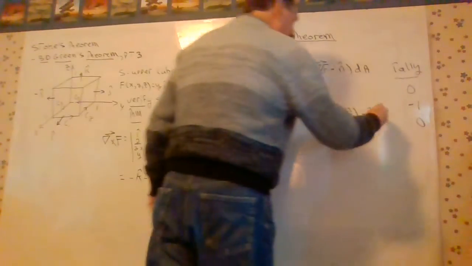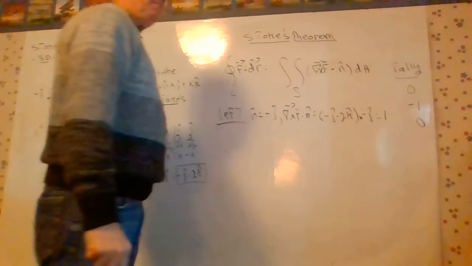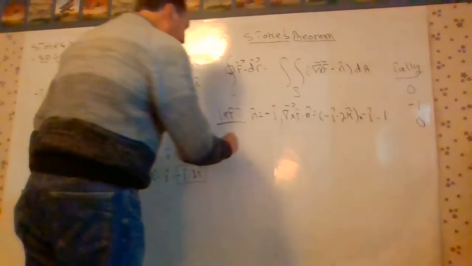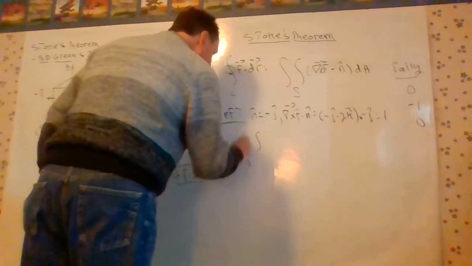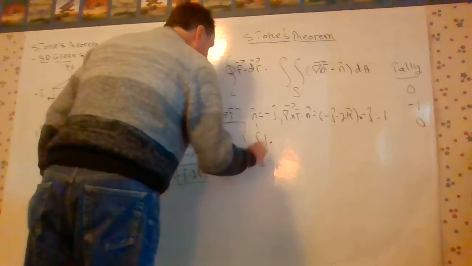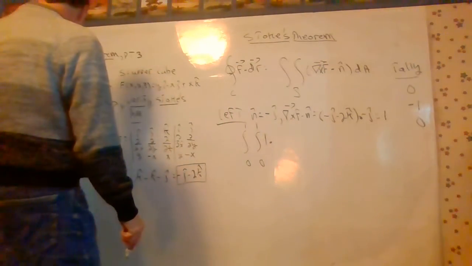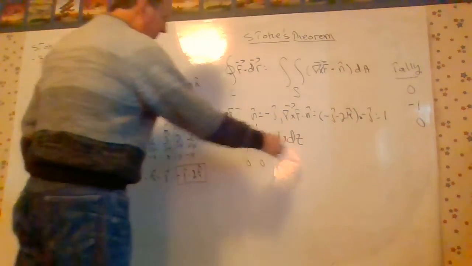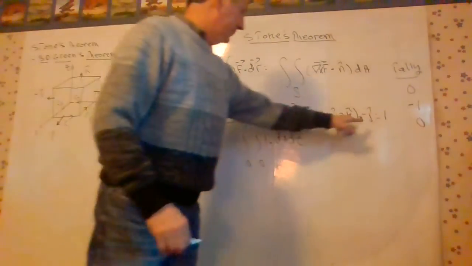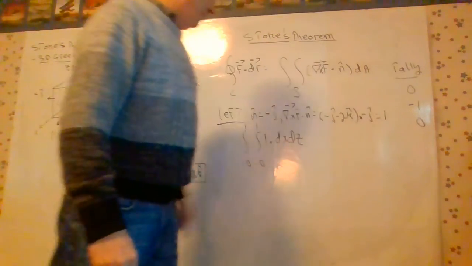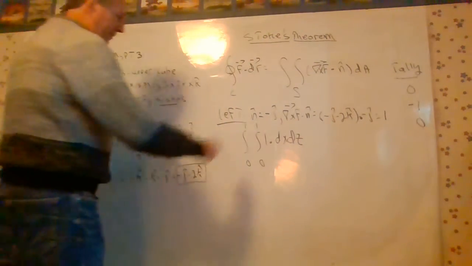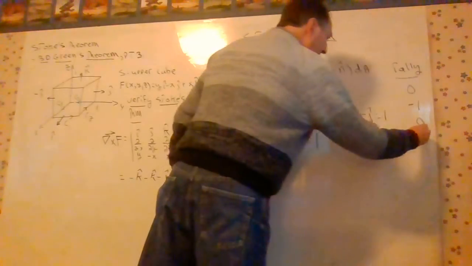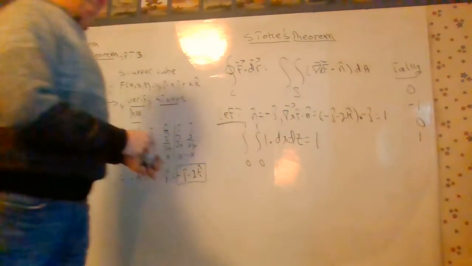Now that happens to be positive 1. And so we're going to do a double integral, 0 to 1, 0 to 1, positive 1. And that's a dx dz integral. That would only be important, by the way, if this ended up being a function of x, y, and z, for instance. So you can put any letters in here to get the right answer. So you got 1. Okay, well, we're back to 0.